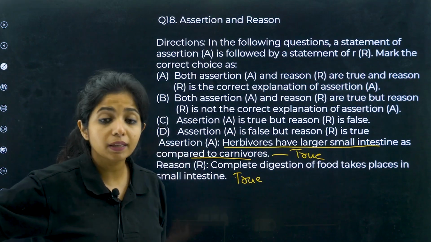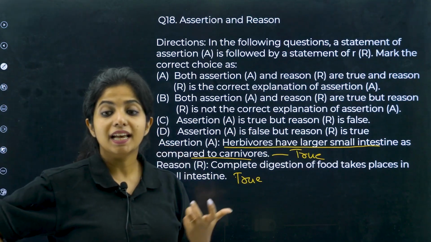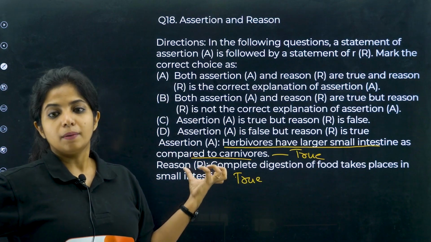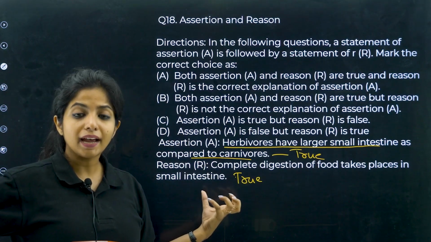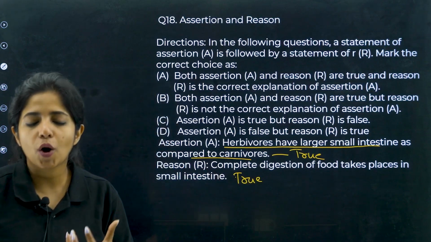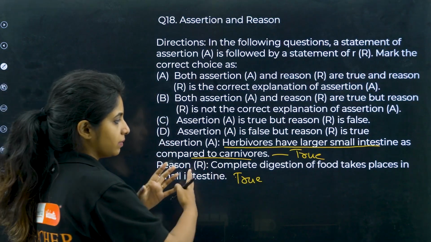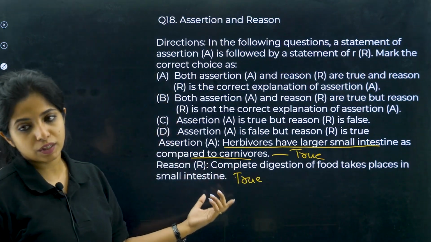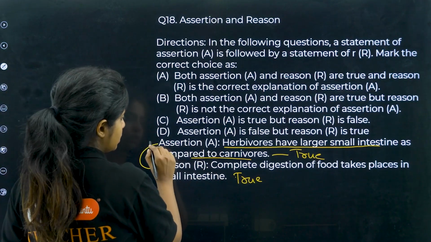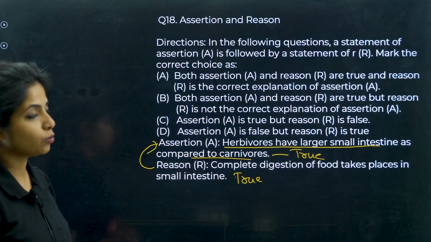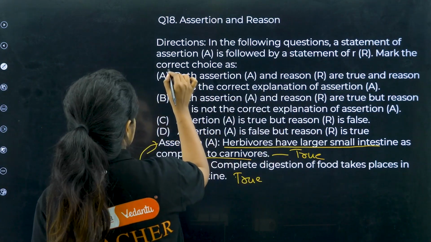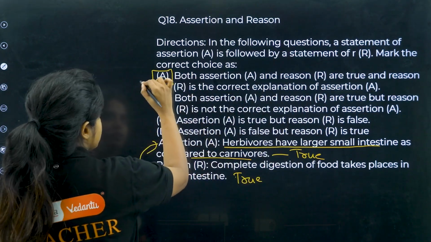But it would have been better if they had explained that it's also because they digest plant-based food that has cellulose in it, which needs longer time for digestion. But anyways, they have written that complete digestion of food takes place here, which is why it is long. So it's fine, it explains. So both assertion and reason are true and the reason is the correct explanation of the assertion. This becomes the correct answer, my dear children.